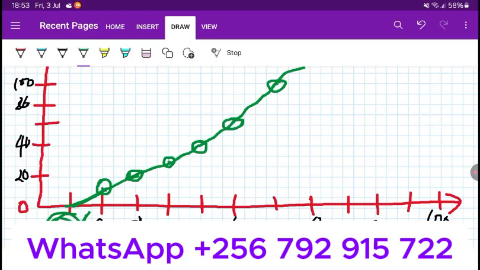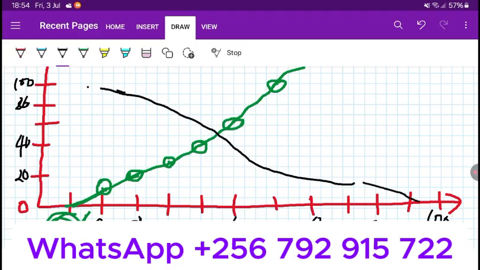But for a more than, you may find that they have given you that, and it is moving in this kind of direction, like that.